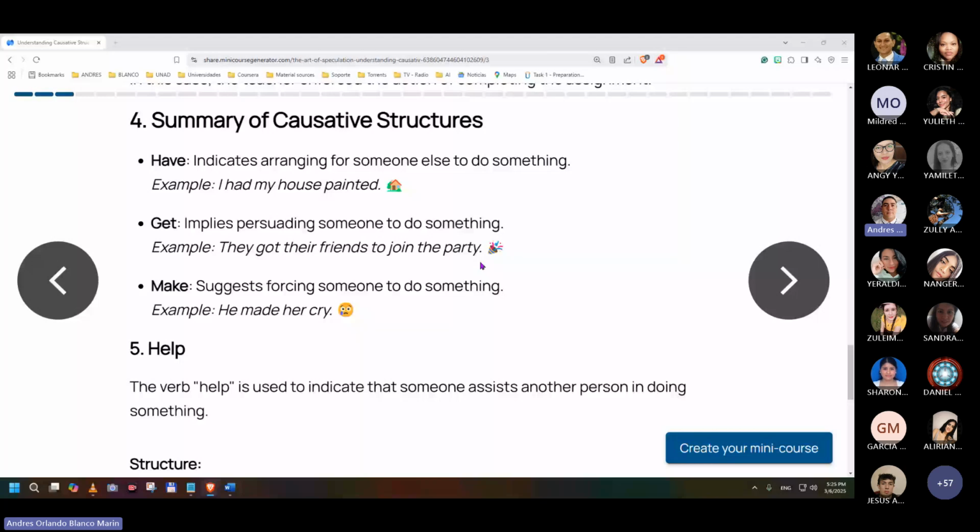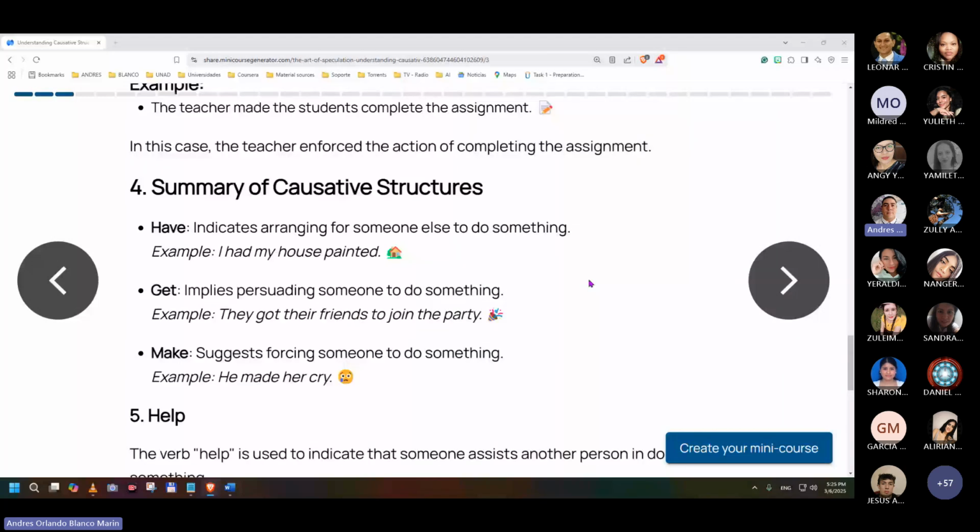Have indicates arranging for someone else to do something. Get implies persuading someone to do something. And make suggests forcing someone to do something. These are key differences among these verbs.